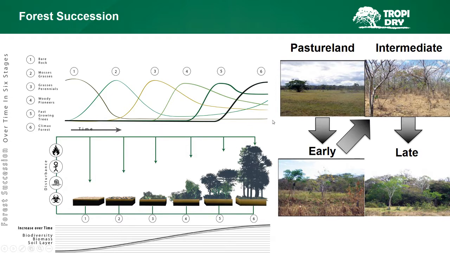But depending on the disturbance regime, so the frequency that a forest gets disturbed, can really determine how fast a forest will mature and how fast it will transition between each of these successional stages.